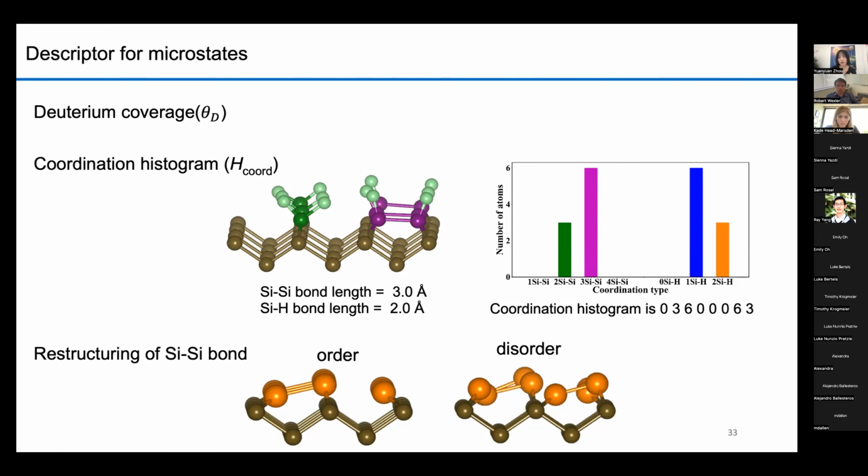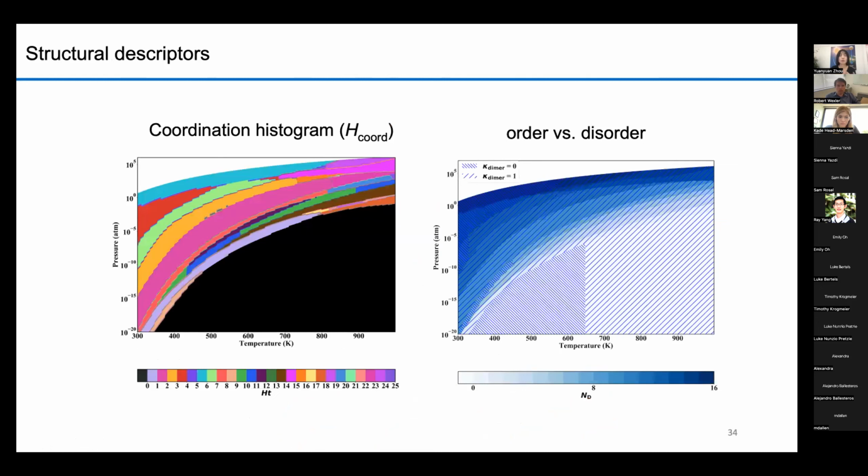Otherwise, it's a disordered phase. With further post-processing, we get this TP map of the coordination histogram. The different colors mean different coordination histograms, while the different hatching types mean different dimerization types.